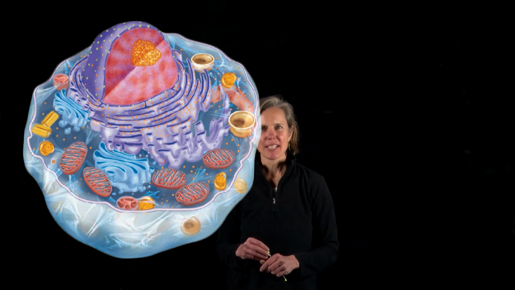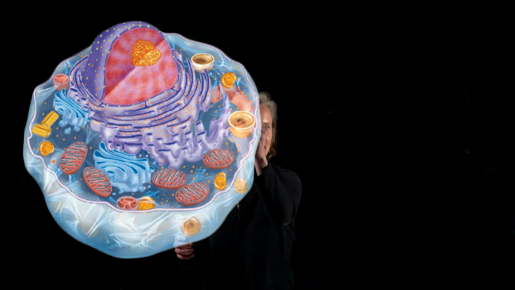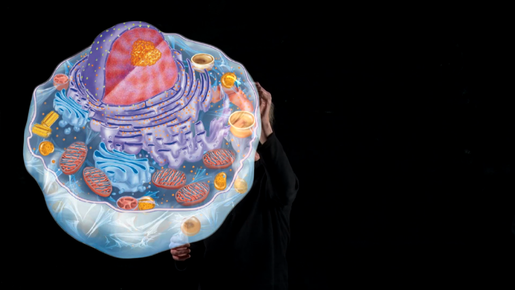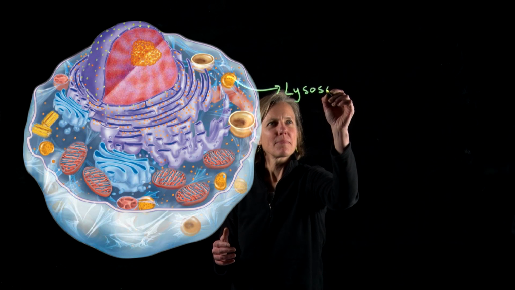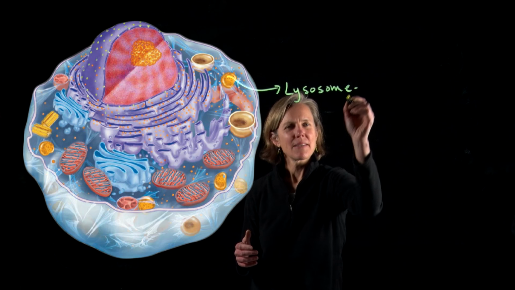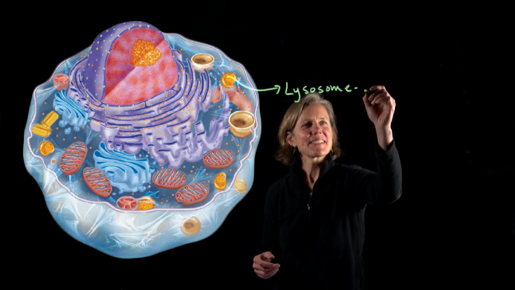Now let's look at organelles that are involved in breaking down things in the cell. First, let's look at the lysosome. The lysosome is the recycling center in the cell.